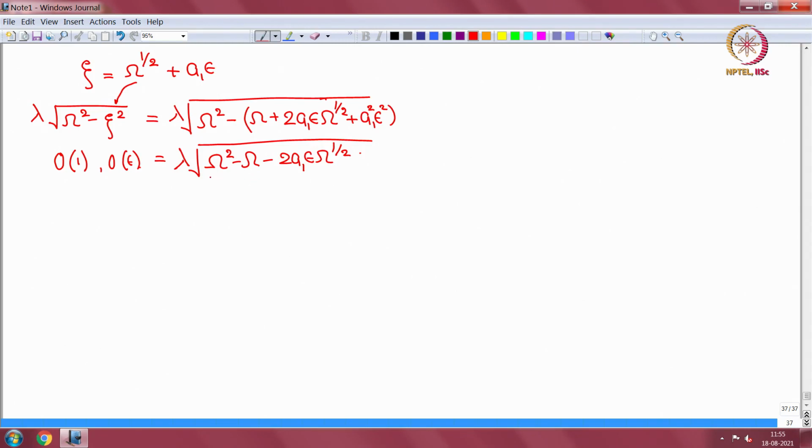Suppose I call this psi square, and psi is an order 1 quantity. So I will take psi outside, that means I am dividing inside by psi square. So I get 1 over here minus twice a1 epsilon omega to the power half by psi square.